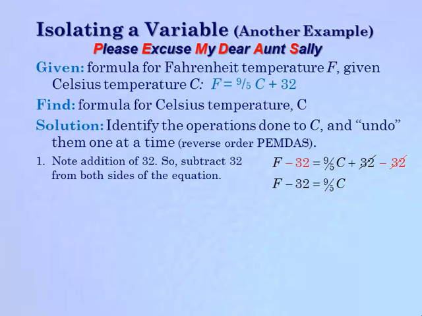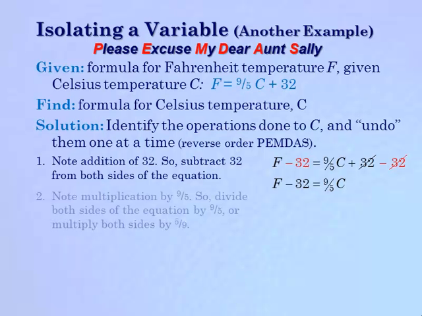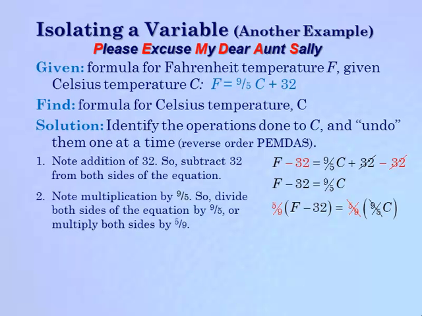Well, we see the multiplication by 9/5, so we're going to need to divide both sides by 9/5, or that's the same thing as multiplying by 5/9. So 5/9 times 9/5 is equal to 1 times C, and on the left side we have 5/9 times F minus 32. So we reverse the order, and we've got the formula for Celsius temperature.